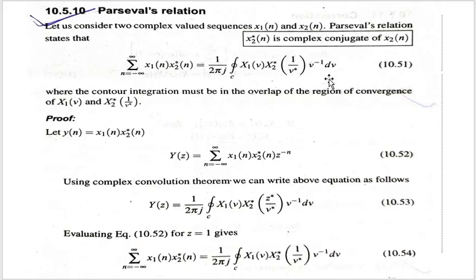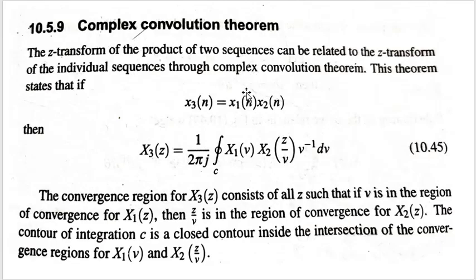Whatever the complex convolution theorem that we saw in the previous slide, that has been used to derive this one. Previously, I will go back here so that I can show you. You can see here, when a sequence is the product of two individual sequences, then its conjugate sequence can be represented like this.